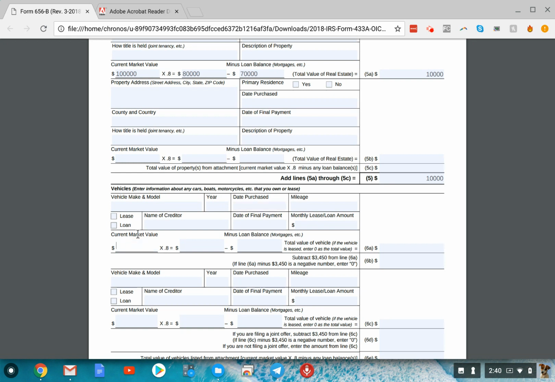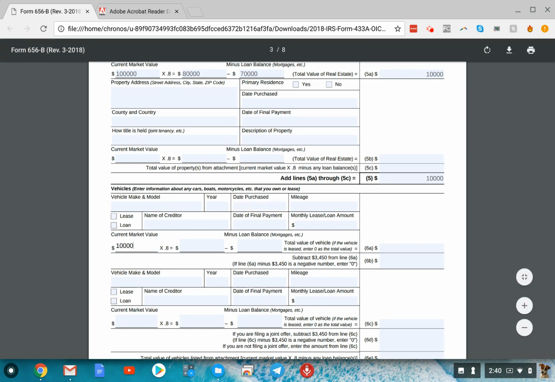But you're going to use that same 80% value. So say the car is worth $10,000. And this is the thing, most cars are upside down. So 8,000, and they still owe 15,000. So the most common result, as you're going to see, is going to be a zero. And this is subtract 3,450. I'll go with that on the next one.